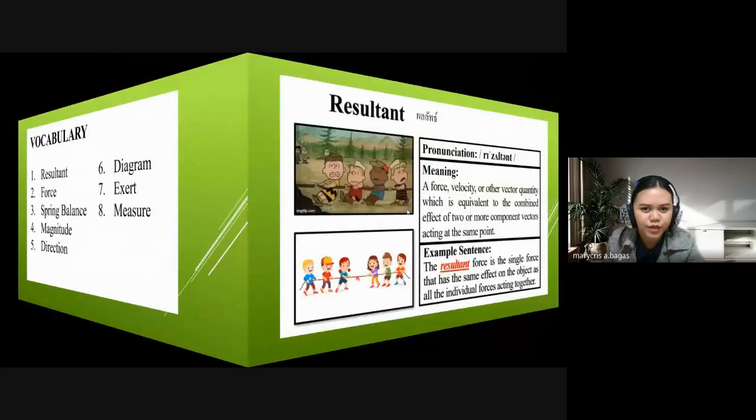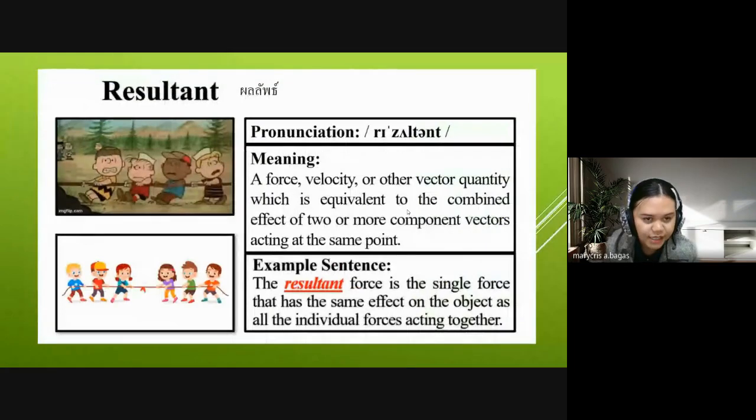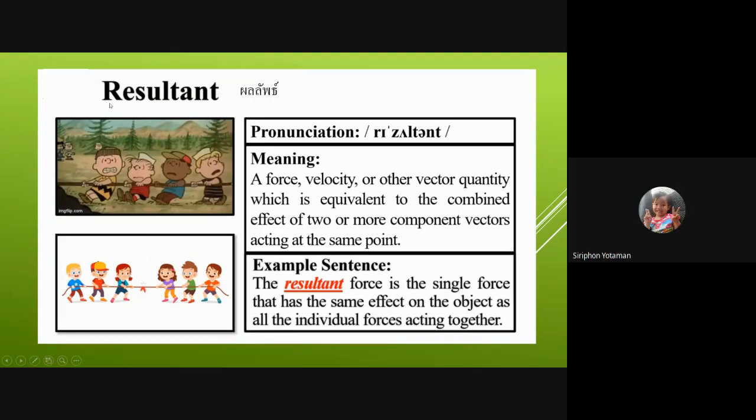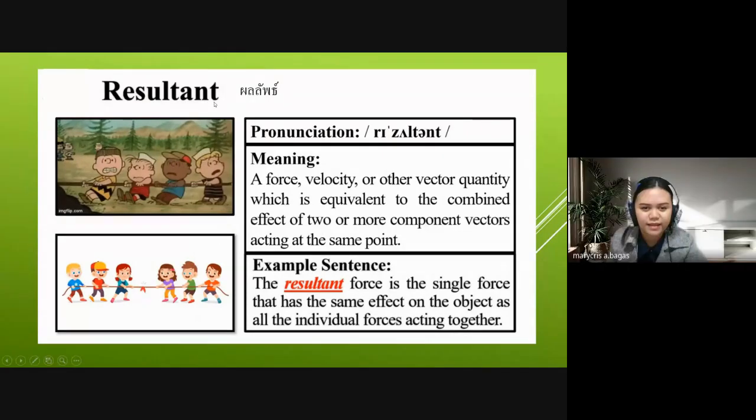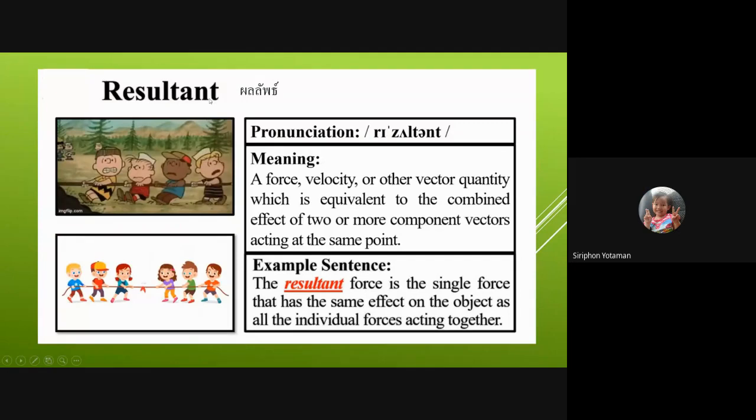The first word that we have is resultant. Let's spell it. R-E-S-U-L-T-A-N-T. Resultant.